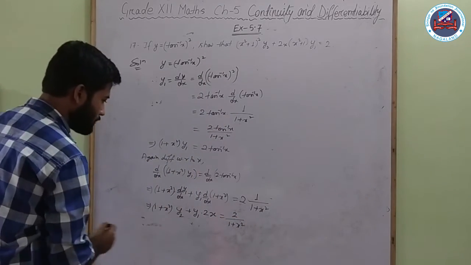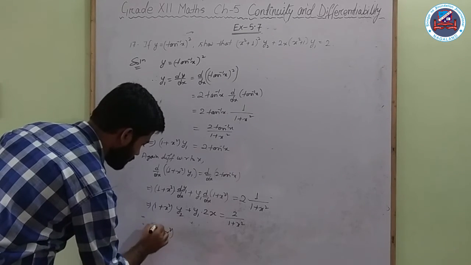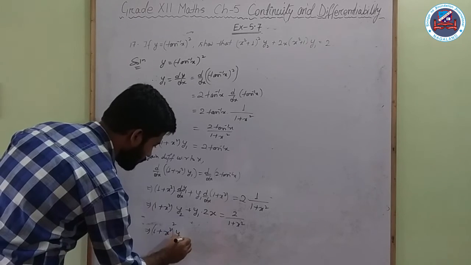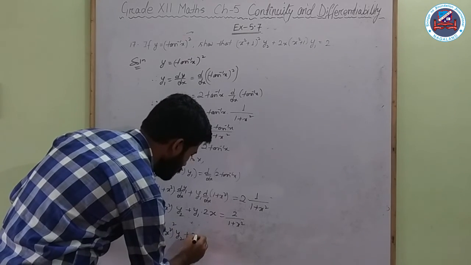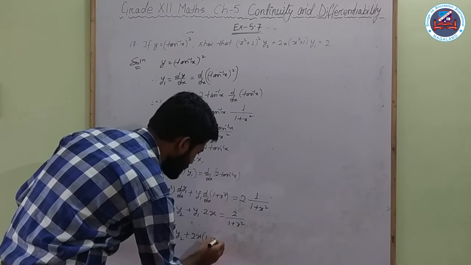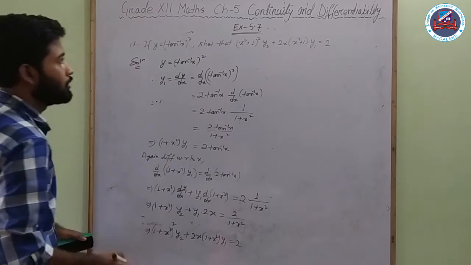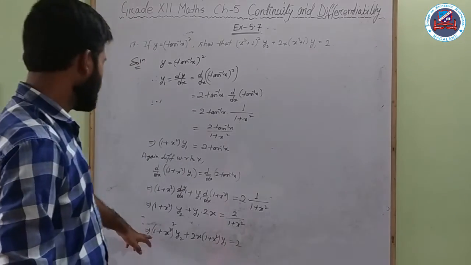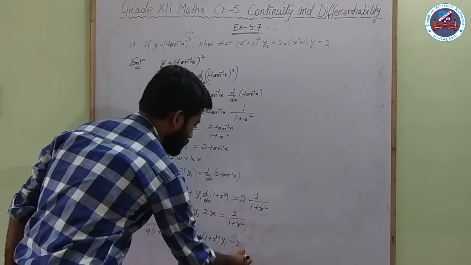Now just cross multiply the 1 plus x squared throughout, so I shall have 1 plus x squared whole squared y2 plus 2 into x into 1 plus x squared y1, and that is equal to 2. So it matches with the given question, so hence proved.